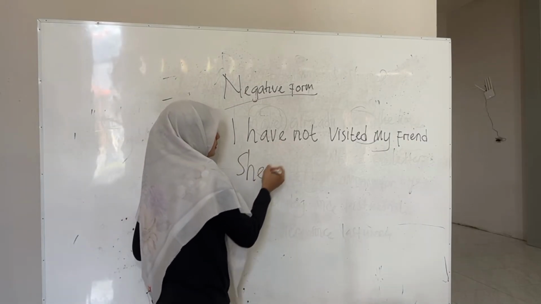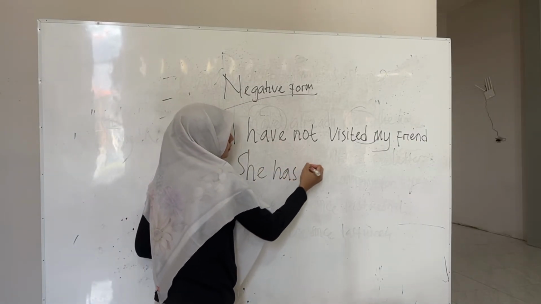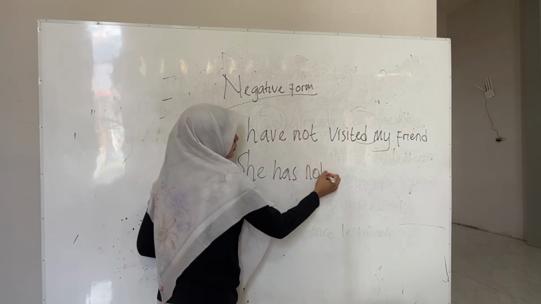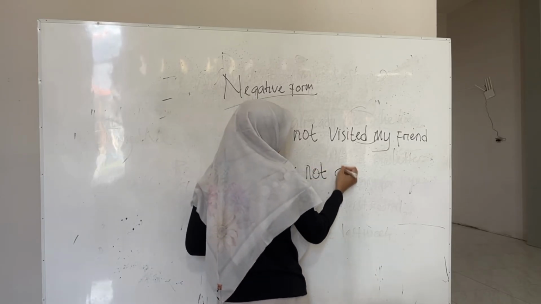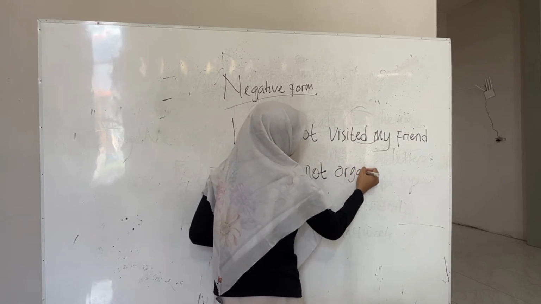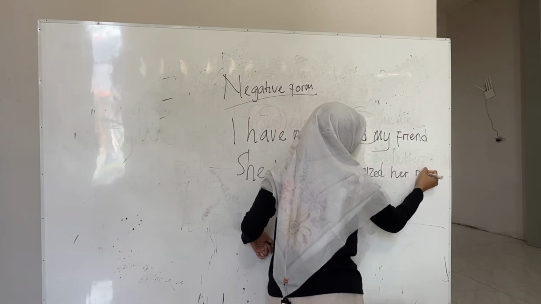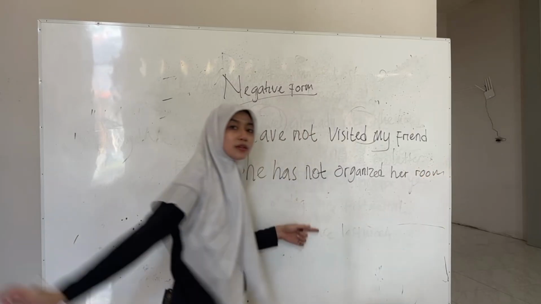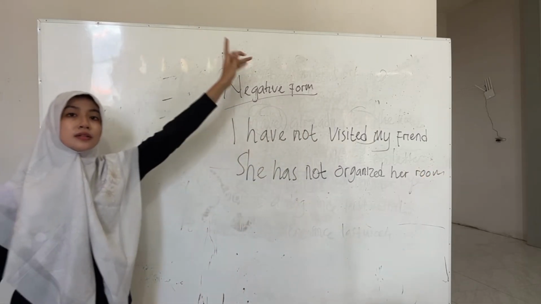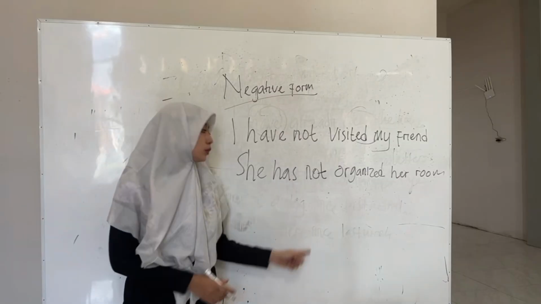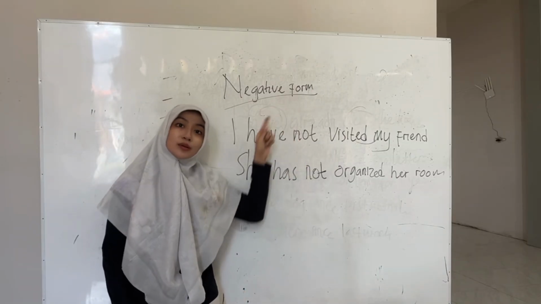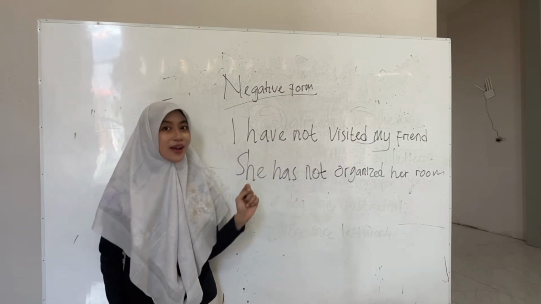She hasn't. Another example, she hasn't organized her room. So we use not in the negative form after has or have.